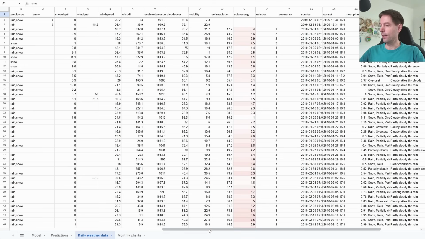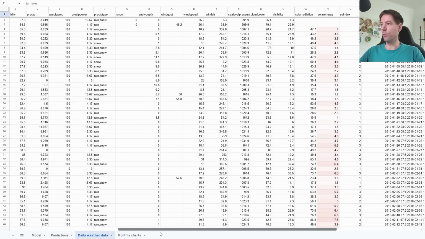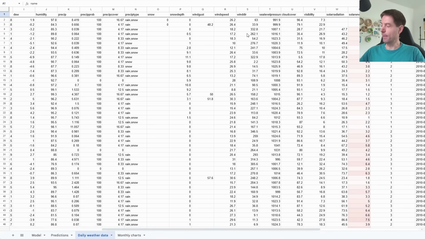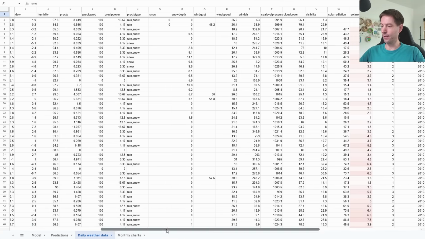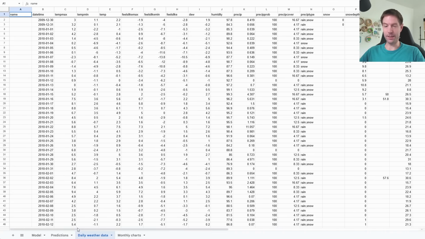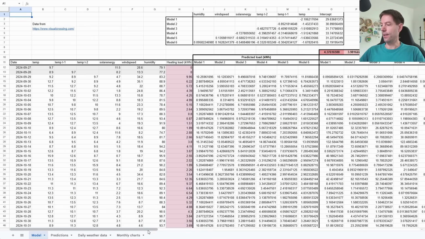You can basically pick whichever of these metrics you prefer to add into your model. So I picked a few that I thought were interesting, and I built a whole load of different models. Let me go back to the model tab here. What I've done is I've built 6 different models.